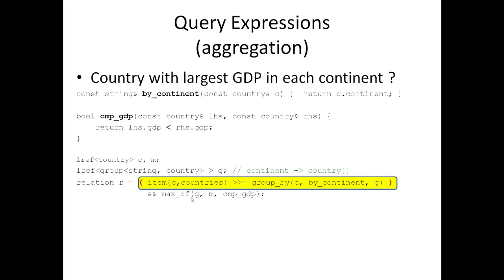So we're using the aggregation relation max of to find the largest value in the container G. And the largest value here is M, which is also a type country, just like C. And the comparison function is provided here. And finally, we go ahead and print the name of the continent, which is the key of the group, and the name of the country, which is the name member of M, and similarly the GDP of the country.